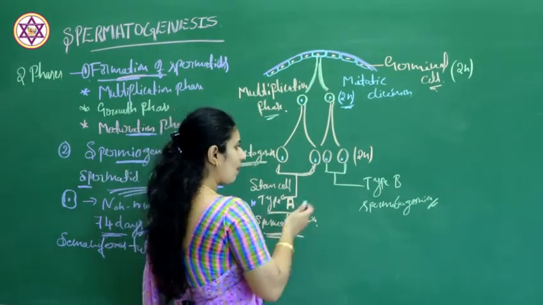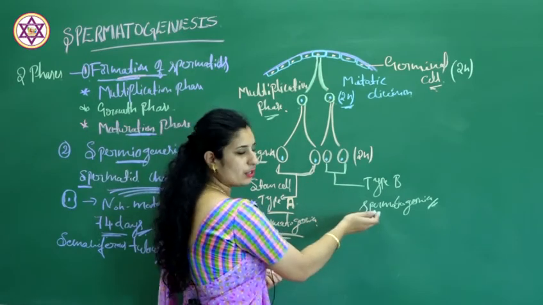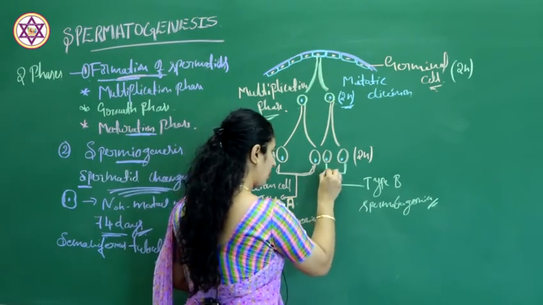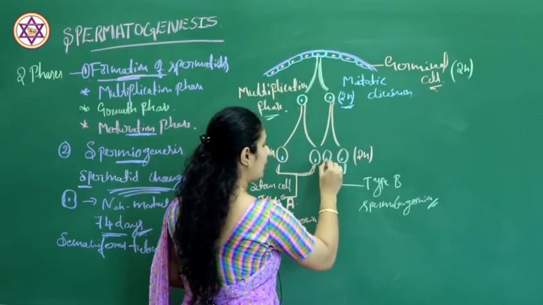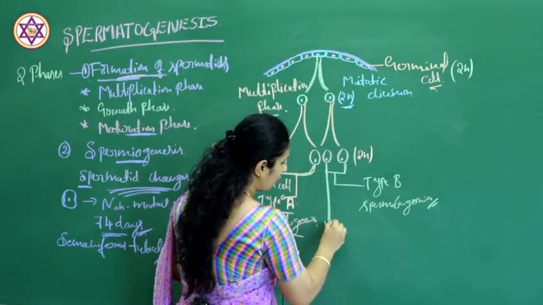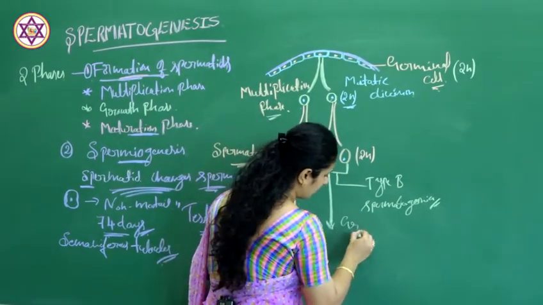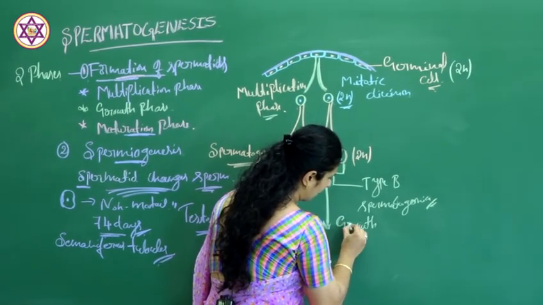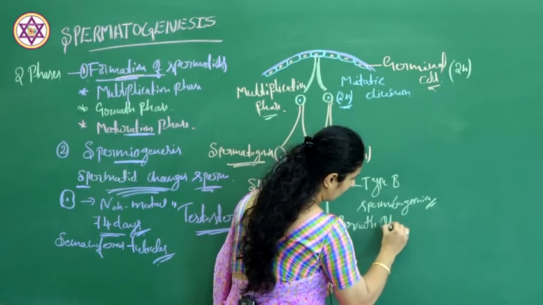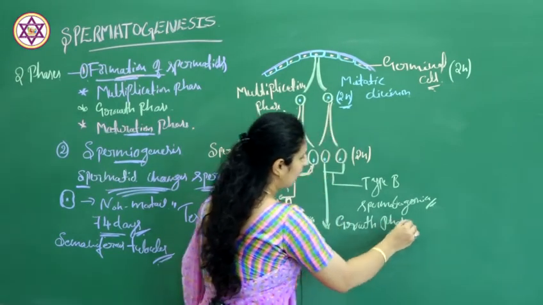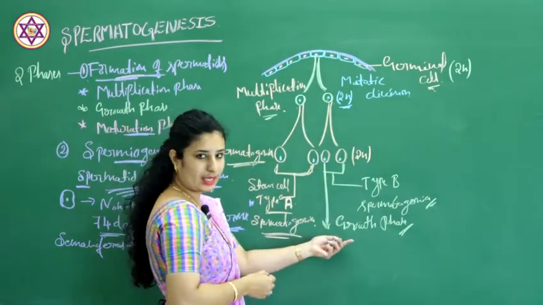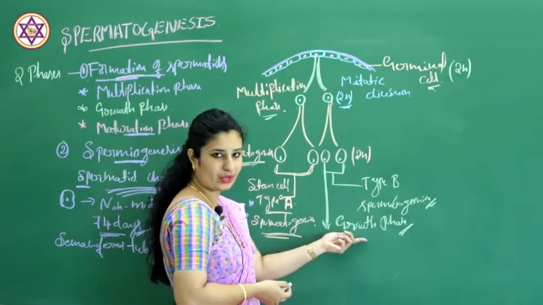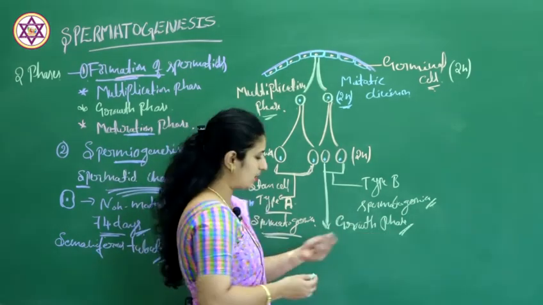Here this type B spermatogonia enters the next phase called growth phase.